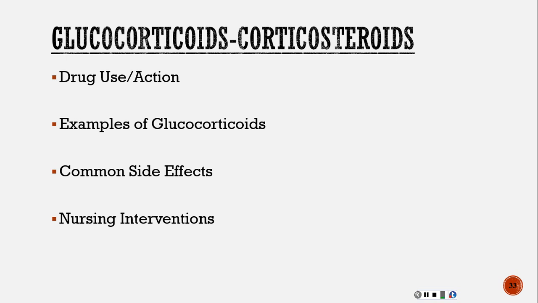Commonly you'll have even type 2 diabetics that are controlled with PO meds. They don't typically have to have insulin. They may have to go on insulin when they're taking the glucocorticoids. It's common, but you need to be mindful of that. When you walk in the room and the patient says, "Yeah, I'm diabetic, but I don't take insulin, so I don't need that insulin." Well, your blood sugar is now 300. Make sure that they're aware of the steroids.